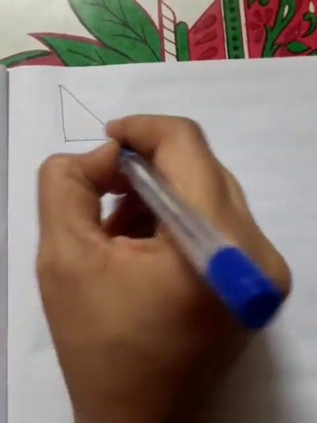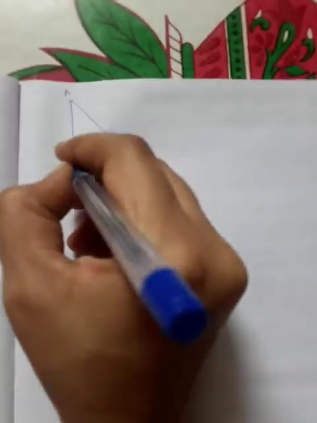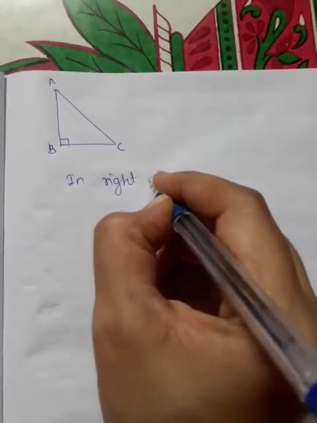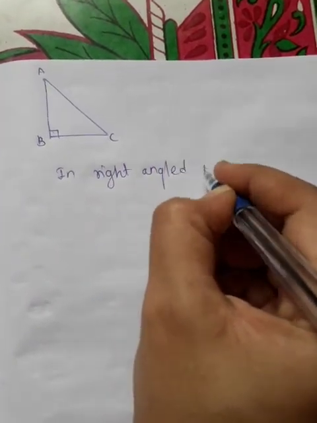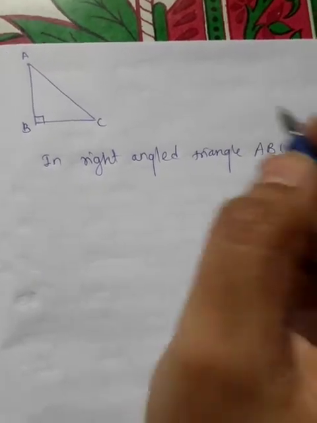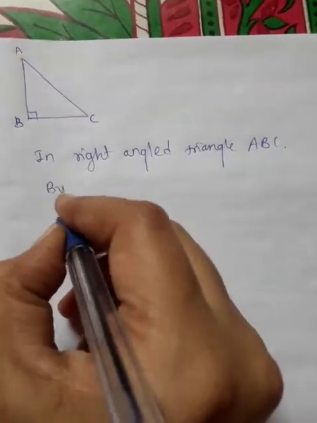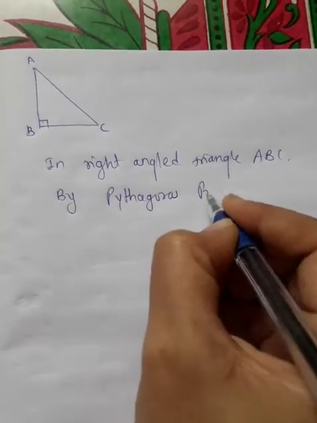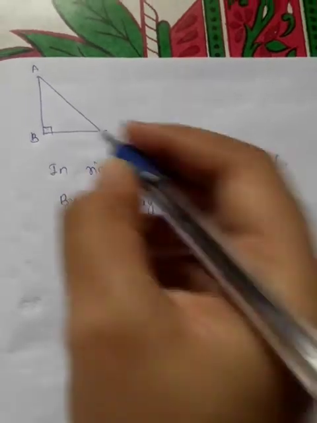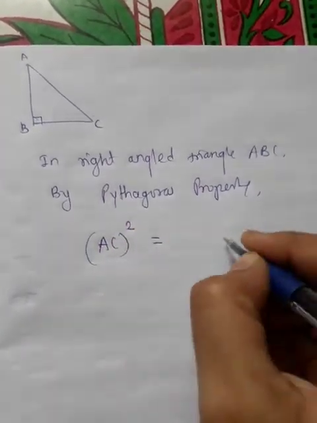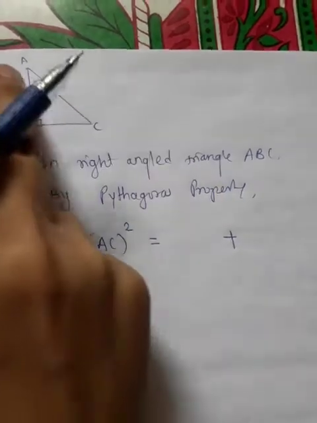So if this is right angle triangle ABC, then by Pythagoras property, the hypotenuse square, AC square, is equal to the sum of squares of legs.